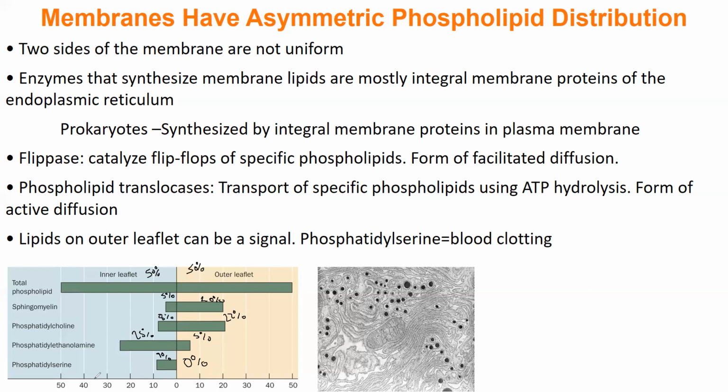I said, why is phosphatidylserine such a good marker for cell death when it's found on the outside of the cell? I went over this, but here's an actual image that shows it. Phosphatidylserine is only on the inner leaflet when things are working normal. When things are not working normal, then that's a signal for something went wrong.